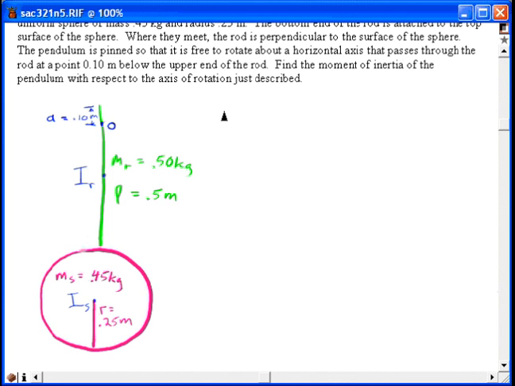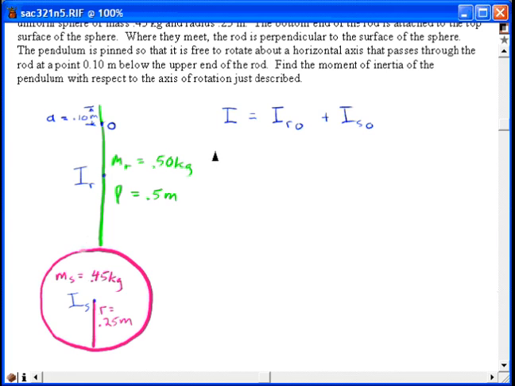So I'm going to go ahead and write that down. That's I total, I'll just call it I, is I of the rod, moment of inertia of the rod with respect to point O, plus the moment of inertia of the sphere with respect to point O. These axes are all parallel to each other, and I'm going to get the moment of inertia of the rod with respect to the axis through O by means of the parallel axis theorem.